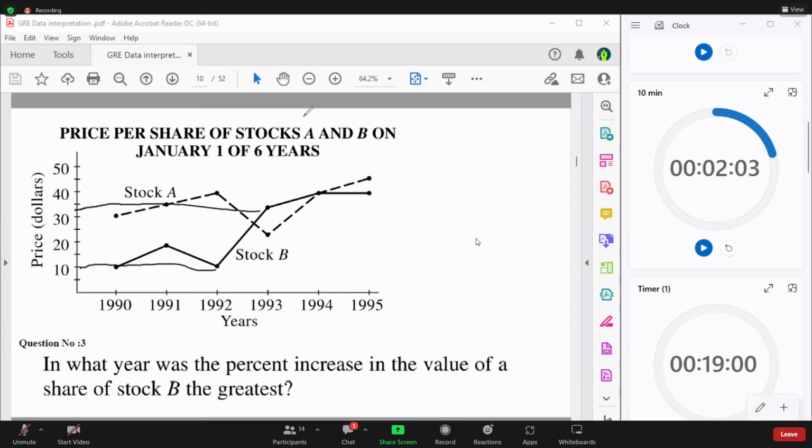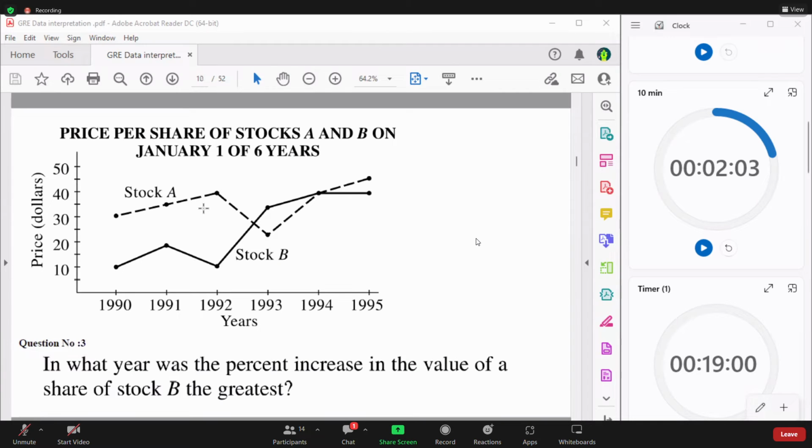Here it was $35. So from 10 to 35 is 25 over 10. I mean, you do not have to calculate this. You just have to see in what year the percentage is greatest. So basically 1993 was the greatest increase.